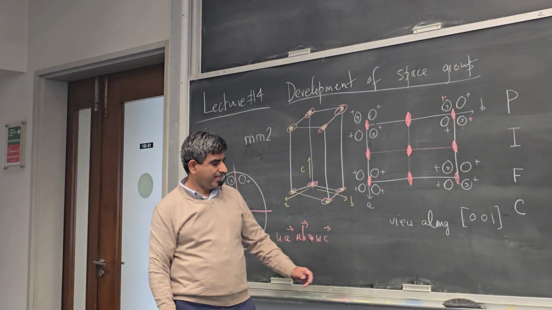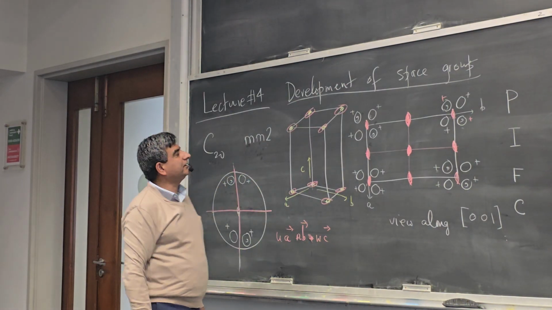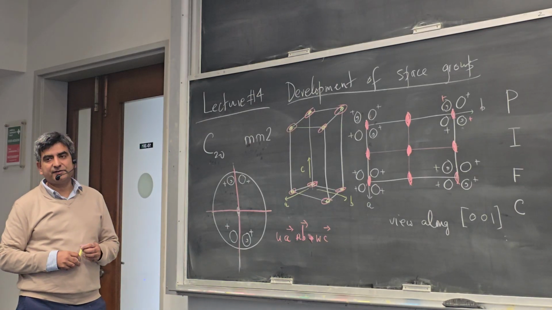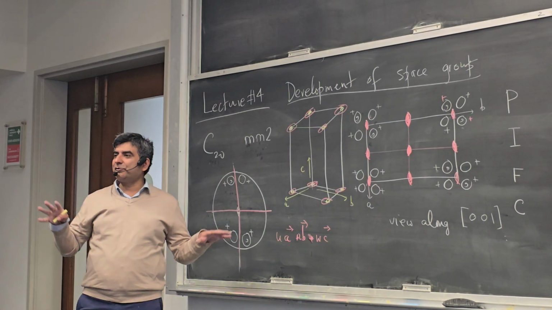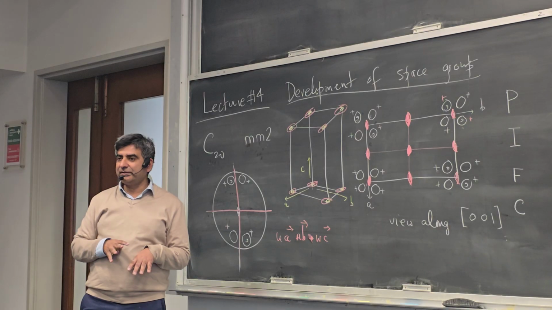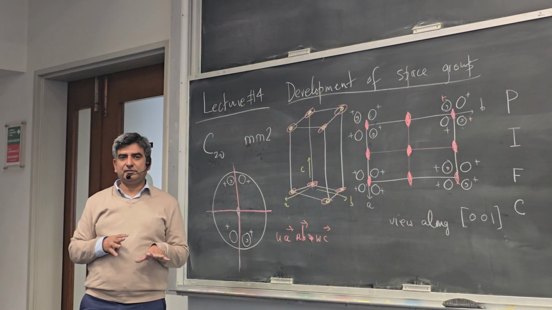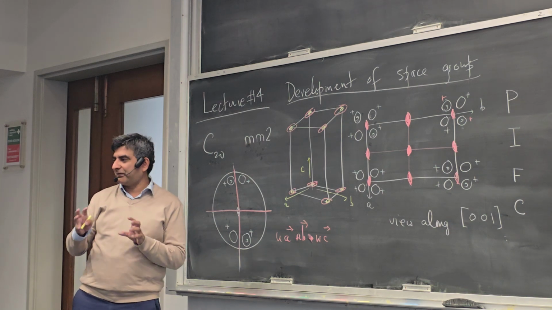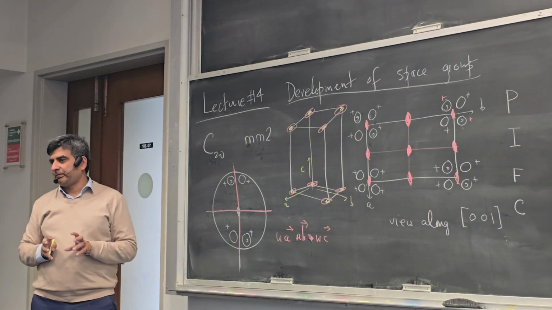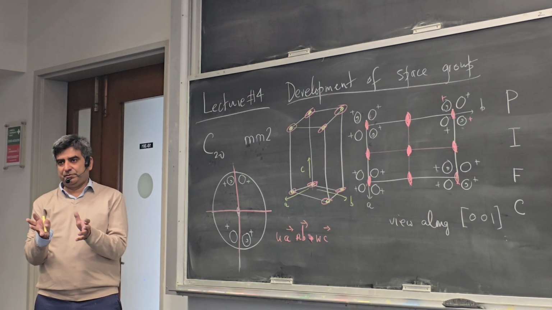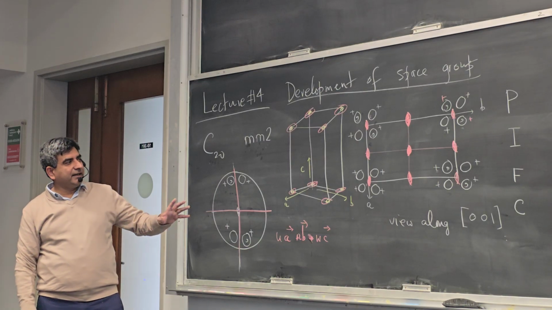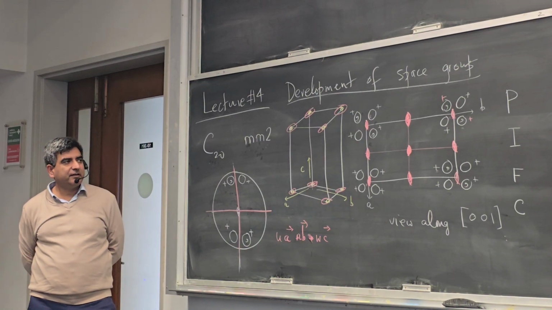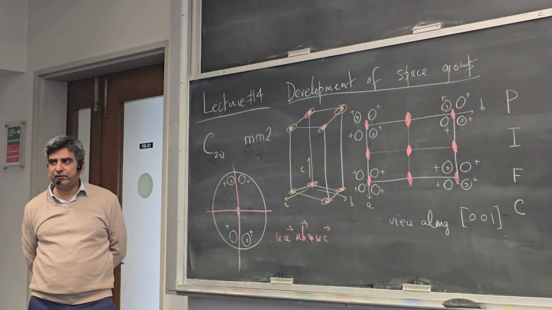Any other symmetry elements? So far we have not included any translation beyond the trivial lattice translation. We're just combining the point group with the Bravais lattice. We're developing a space group. So any other symmetry operations that have been created that you can see over here?